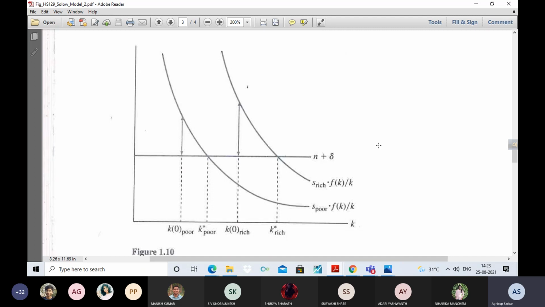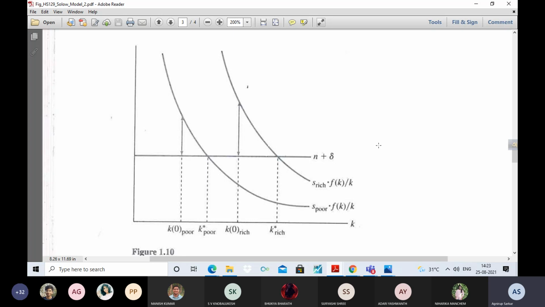So here we are considering economies which are not similar in terms of these deep parameters, right? Compared to our previous analysis, the difference is in terms of the initial capital to labor ratio and also in terms of the saving rate, right?